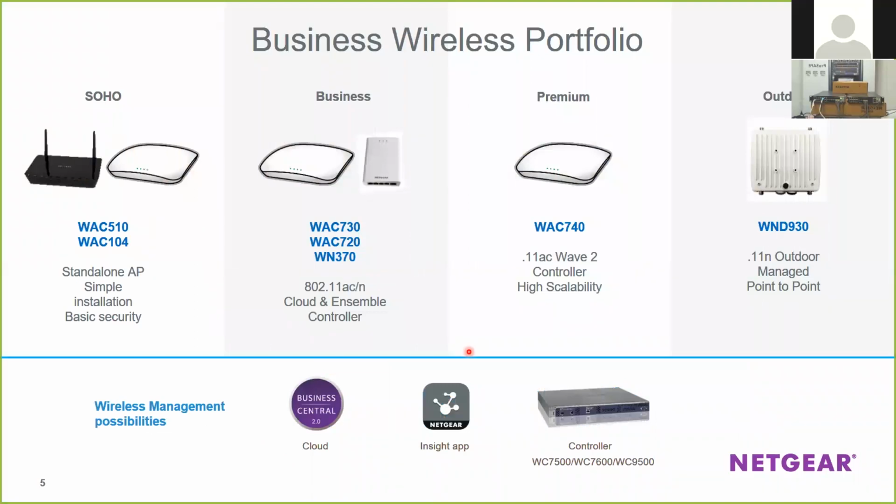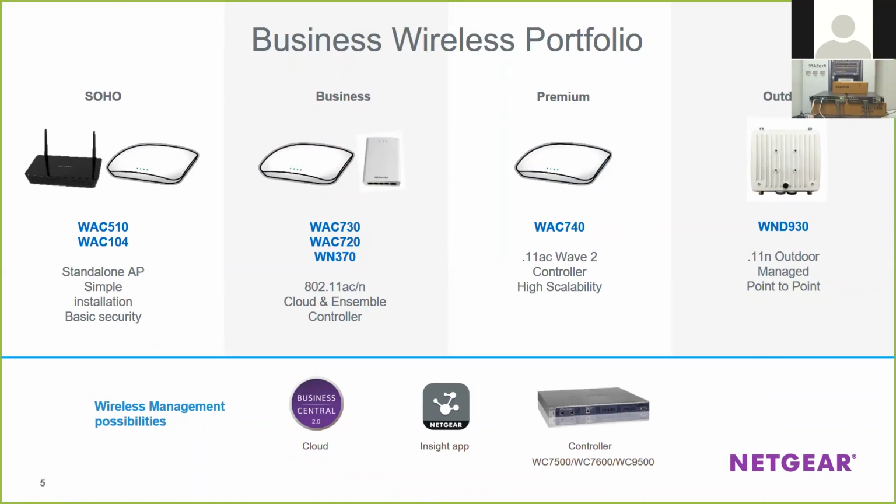Now let's have a look. The wireless portfolio at NETGEAR is a very broad portfolio now, and you see a lot of AC. At the top of the line, you can see now the WAC740, which is the first 4x4 Wave 2 high-end access point at NETGEAR.